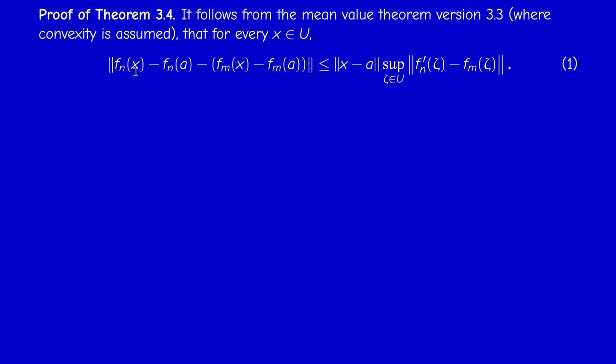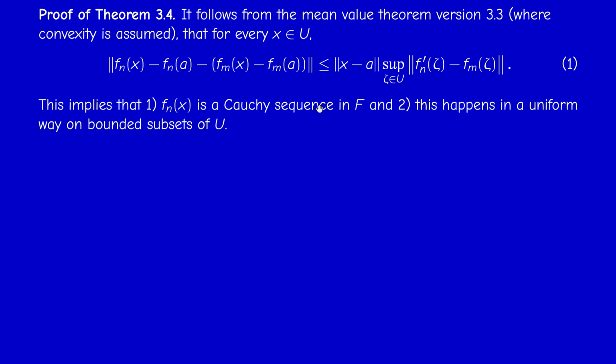So this is g of x minus g of a, but rearranged a little bit. So this is less than the distance between x and a times the supremum of the distance between the derivatives. Here, this is fm prime, not fm. So Fn prime zeta minus Fm prime zeta for zeta in U. So this is the mean value theorem.